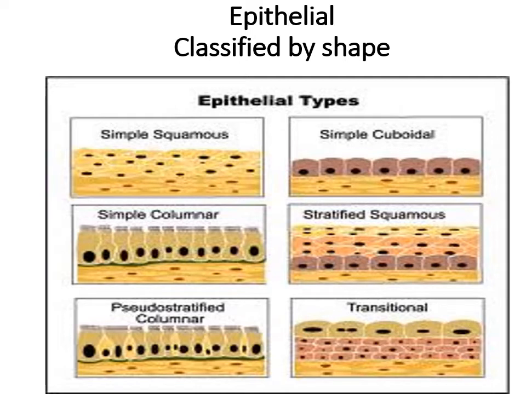Just different types of epithelial tissue based on the shape, and the shape is usually because of the role it's performing. As we go through epithelial tissue, you will see that there are different types in terms of shape because of the functions that it's performing.